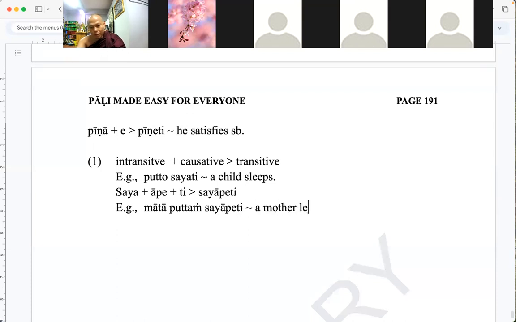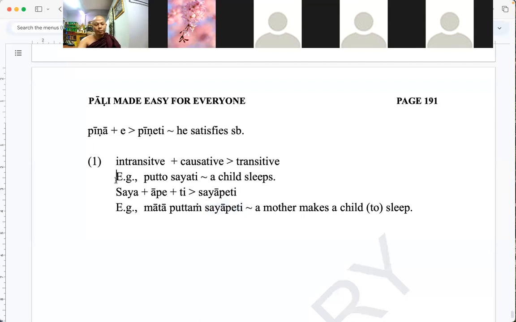So a mother lets a child, or maybe makes is better, makes a child sleep. So in this way, now sayabiti.